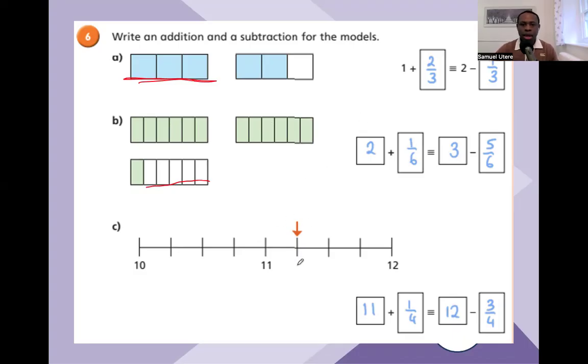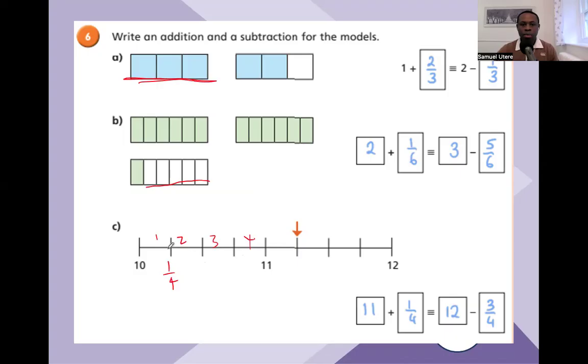Here we have a number line. Now, the number line is asking us to determine how to represent this calculation. Well, between 10 and 11, we have 4 intervals: 1, 2, 3, 4. It means that each of these is a quarter.